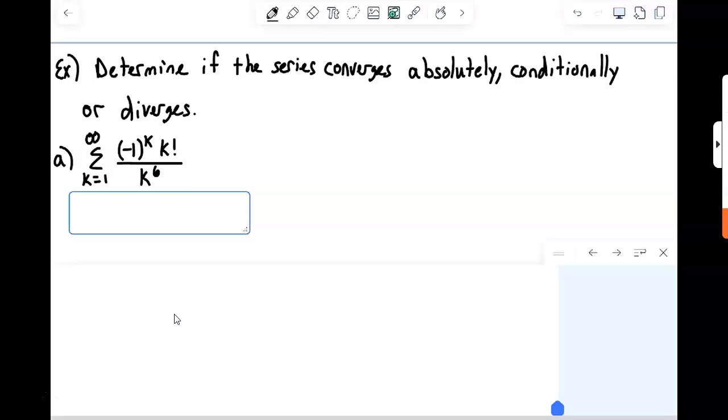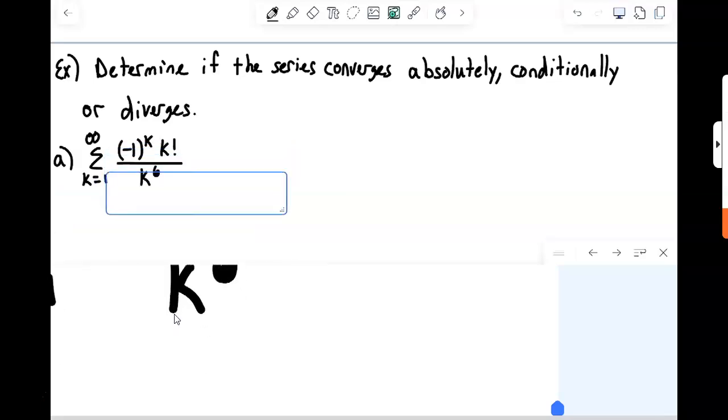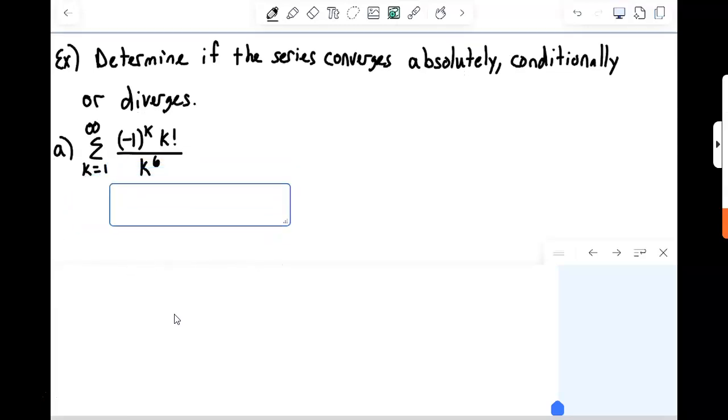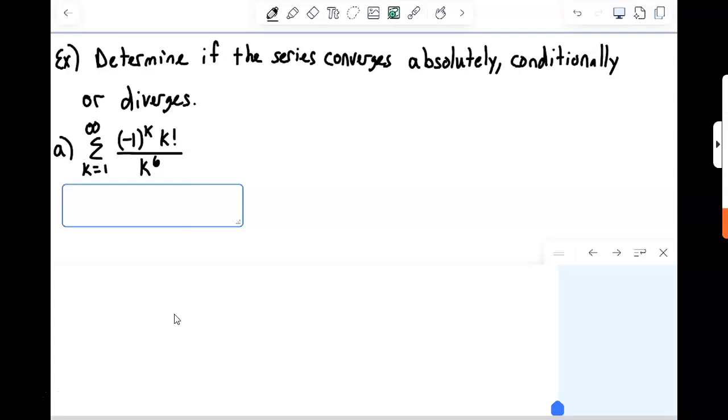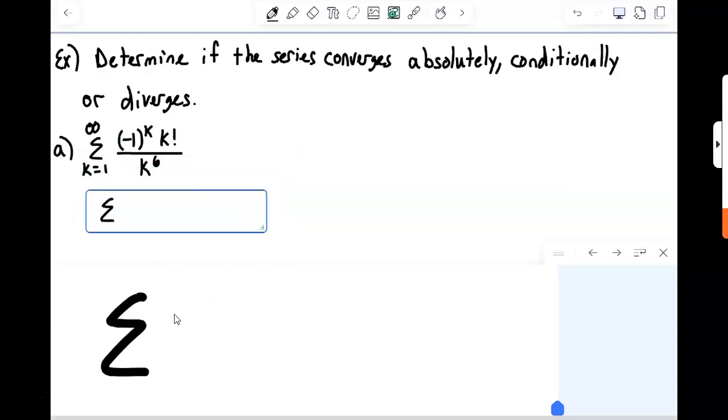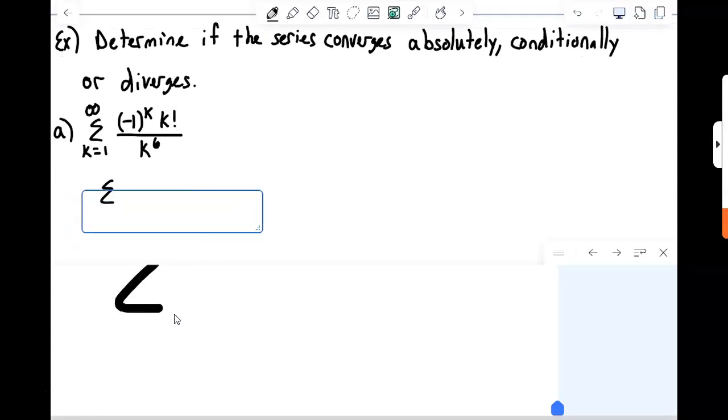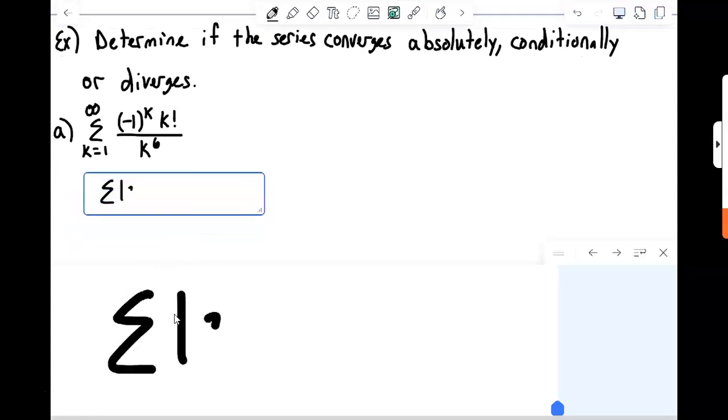You could actually try some other test here, but I think I just want to use the ratio test here, because I have that factorial in there.